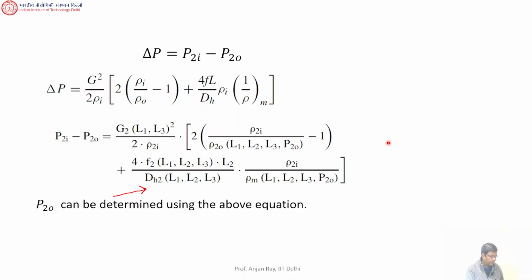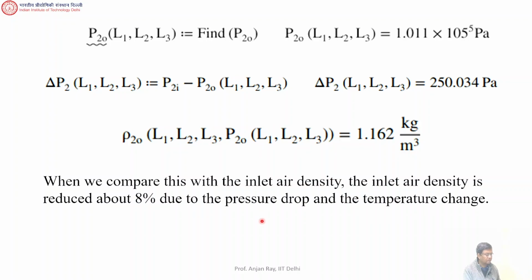And to calculate this, we need this friction factor f, we need the hydraulic diameter, then rho i, rho o. I suggest that you go through this yourself. I mean, there's no point in me discussing how to calculate using a correlation. You can figure this out.